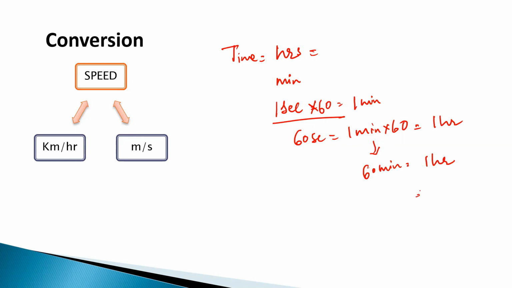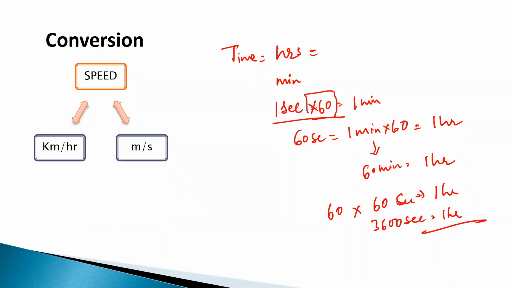So altogether, if I'm supposed to ask how many seconds make 1 hour, then if you see here, we have multiplied 60 twice, so that gives me 3,600 seconds making 1 hour. So this is what an internal conversion between time is all about.